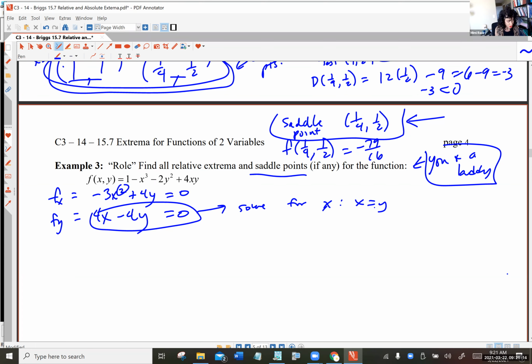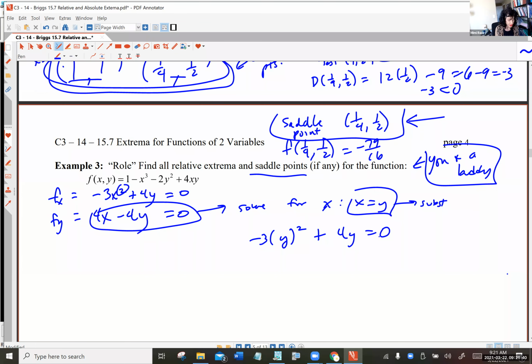So if you let x equal y, then when you substitute into the other equation, you get negative 3y squared plus 4y equal to 0. Folks, this is a quadratic equation. You could use the quadratic formula, although that would be overkill because this is pretty easy.